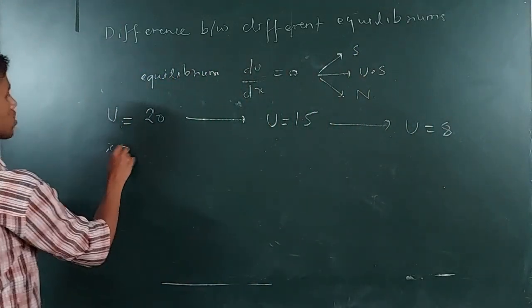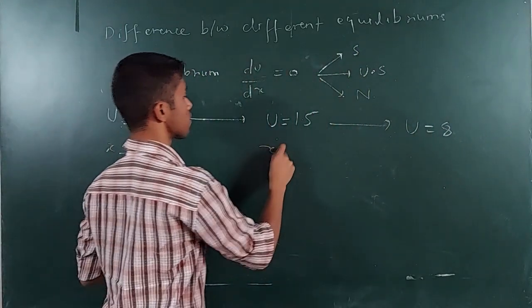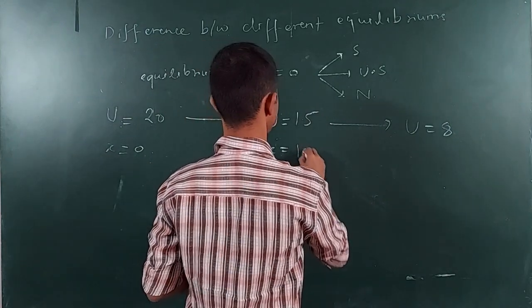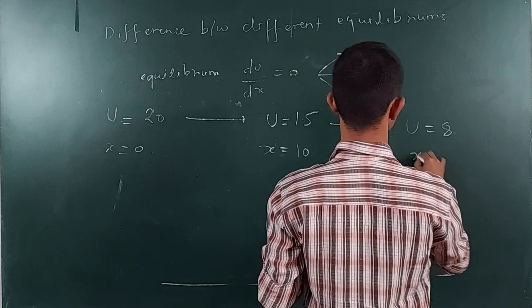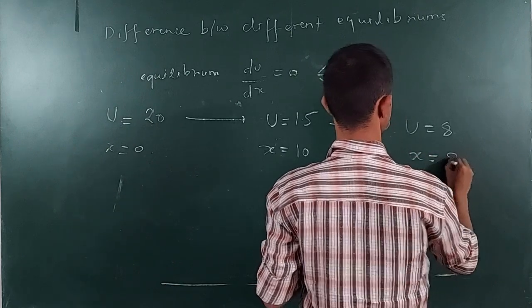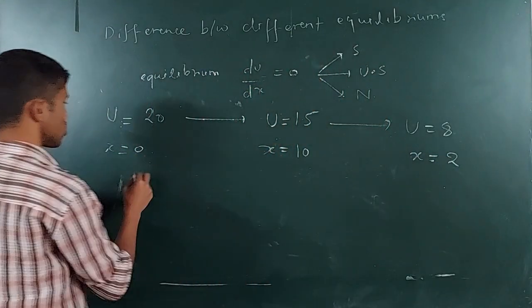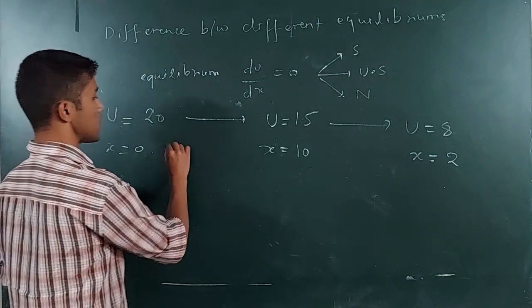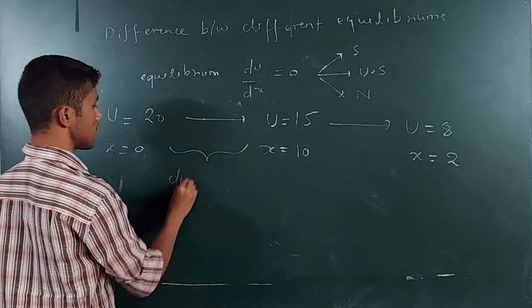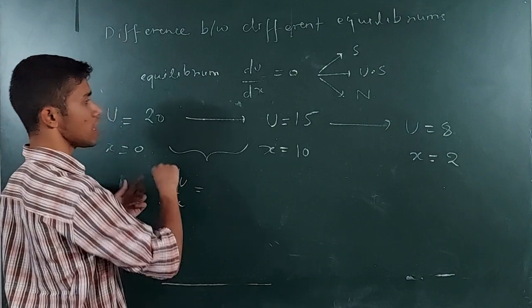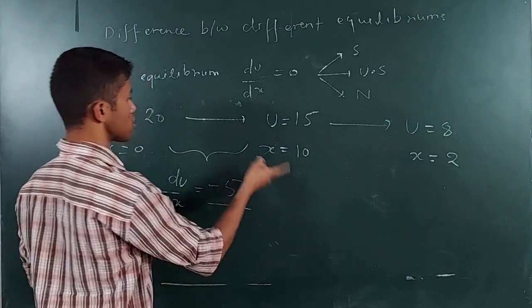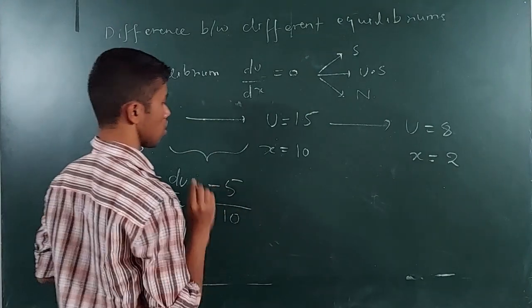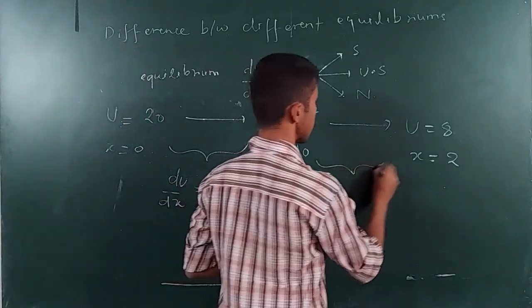Here the position was 0, here the position was 10, and here the position was 20. So tell me, in this journey, what is du by dx? What is the change in u? 15 minus 20 is minus 5, upon change in x which is 10. Okay. What is du by dx over here?